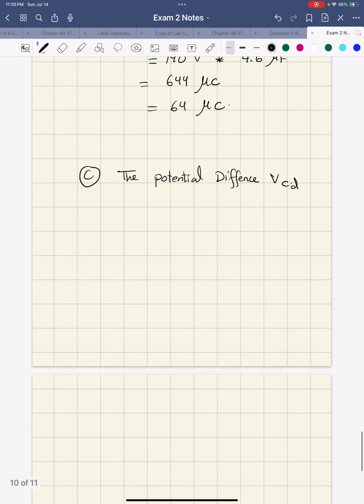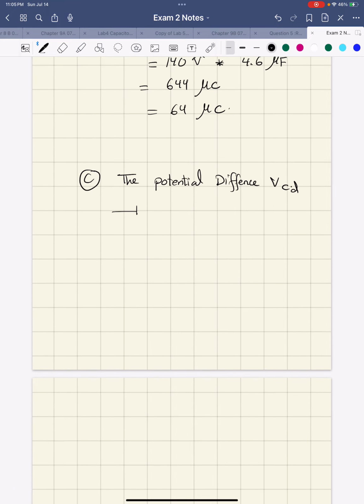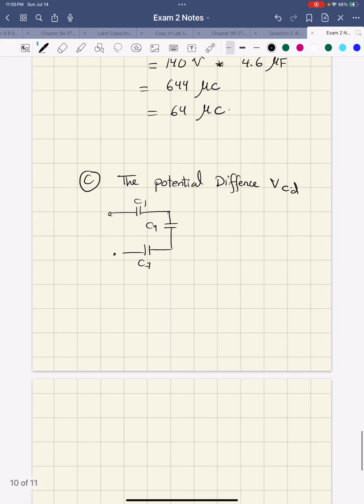If we look here, this is C1, this one is C9, this one is C7, and that one here is C2, and here I have this one is C6, and this one here is C3468.